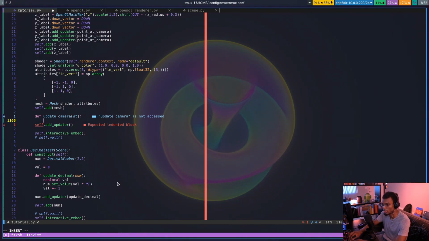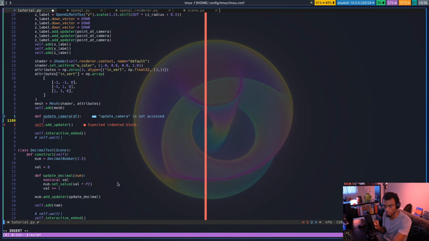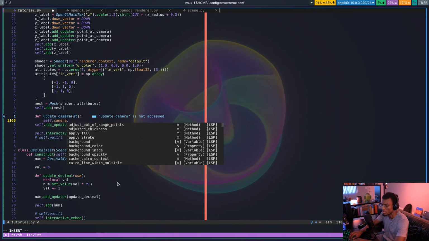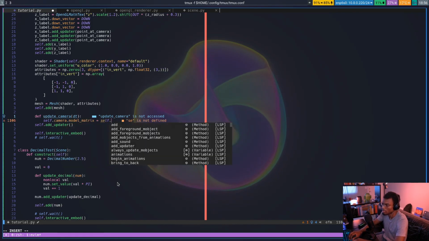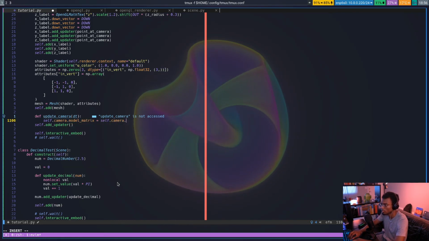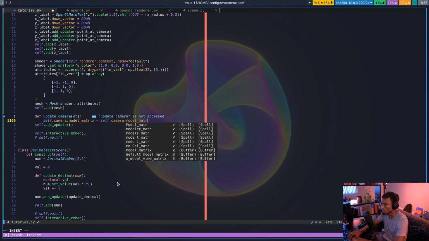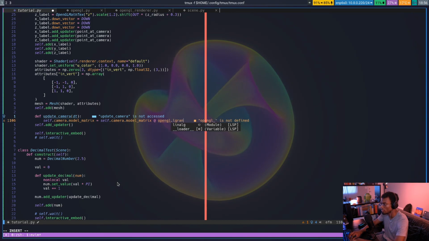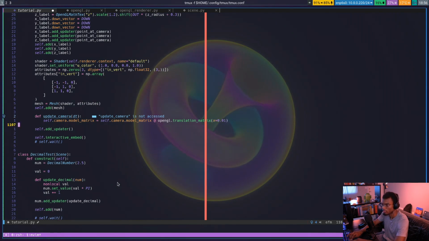So I guess what I'll do here is self.camera.model_matrix equals itself at OpenGL.translation_matrix x equals a little bit.